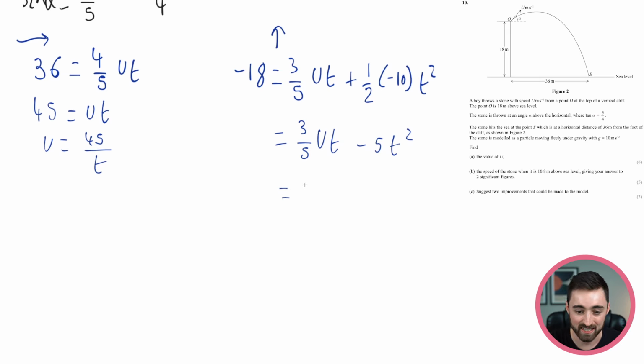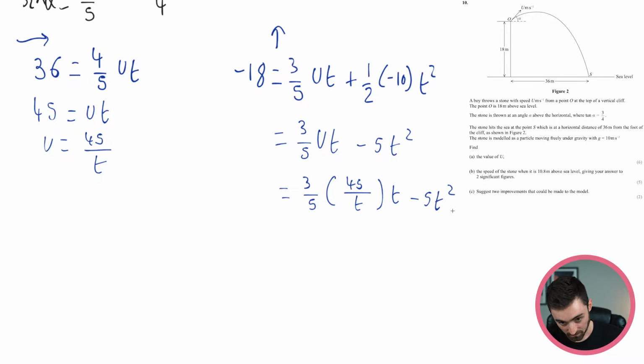So minus 18 is going to be 3 over 5 times 45 over t multiplied by t, minus 5t squared. 45 over 5 is 9, times by 3, I'm going to get 27. And then I get a divided by t and a multiplied by t, there you go. So I get 27, and then minus 5t squared here.